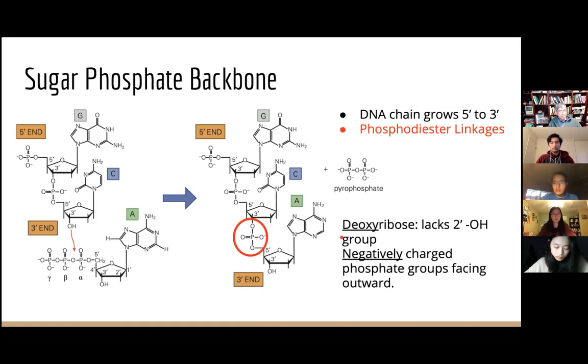Also, not having this 2' OH group is favorable because this 2' OH group can attack and actually self-cleave or break off the sugar phosphate backbone. So RNA, which has this OH group, is less stable because of this self-cleaving aspect as well.